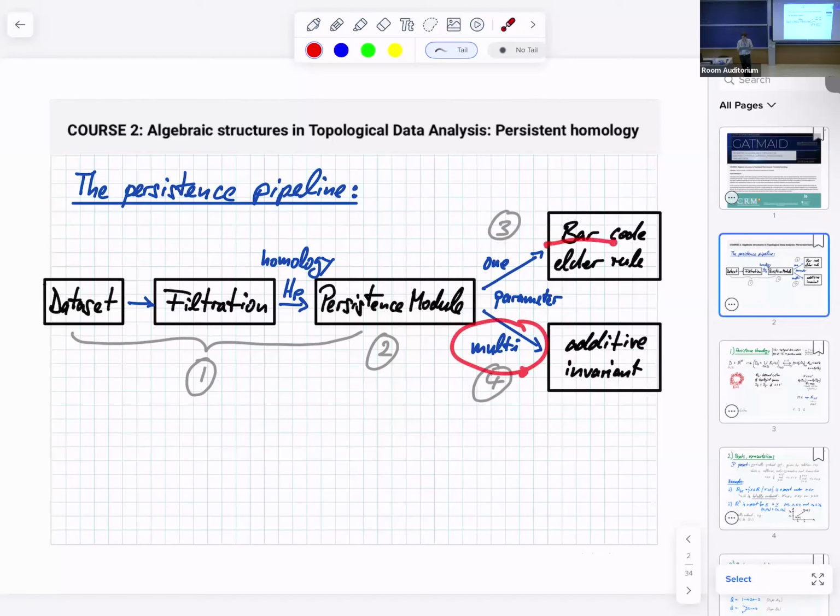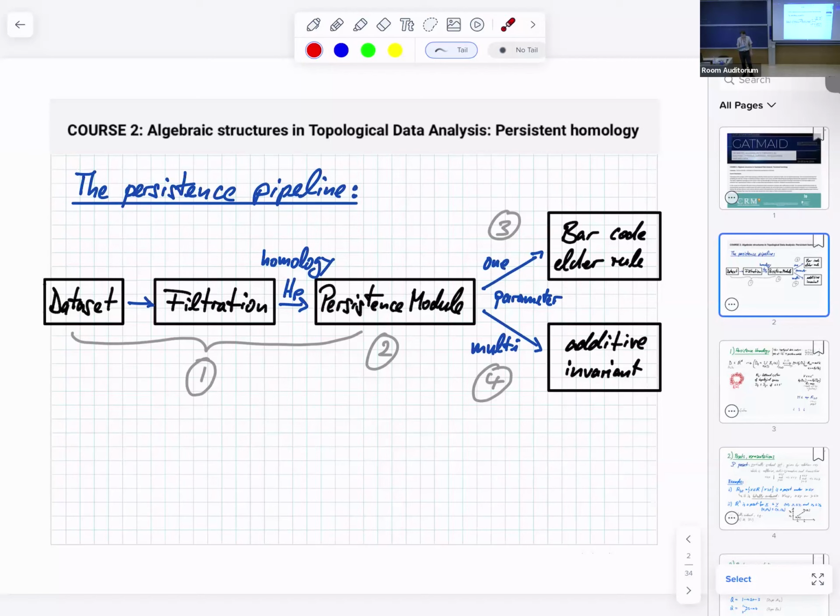And instead of the full decomposition, we have to look at this: you give me a persistence module, I want to say something intelligent about it. I cannot fully decompose it. I cannot give you a nice barcode description, but I still want to get some information out of it. And then I would resort to looking at what they call invariants. I want to attach a vector to the module, like we heard in the previous lecture.